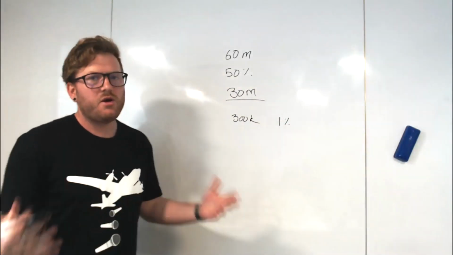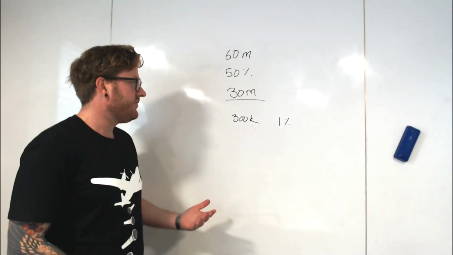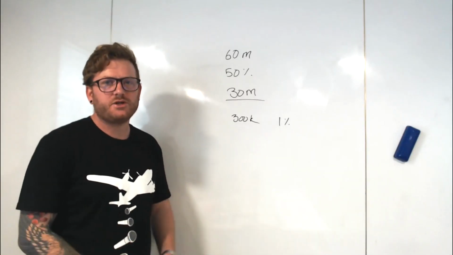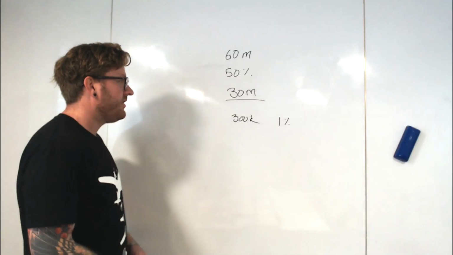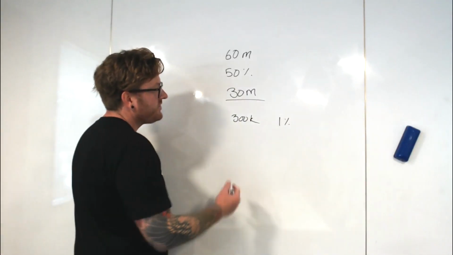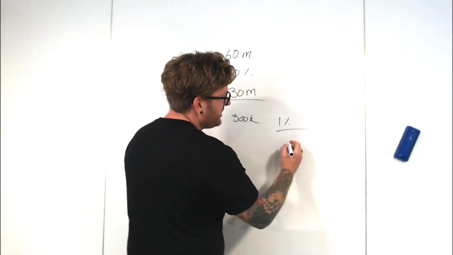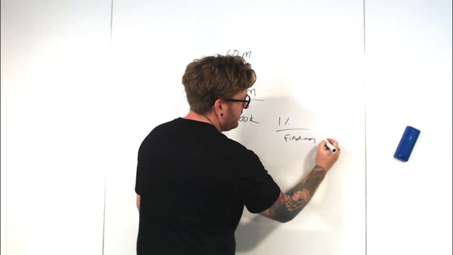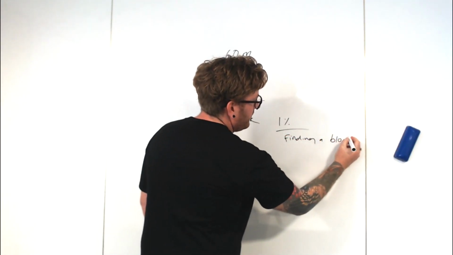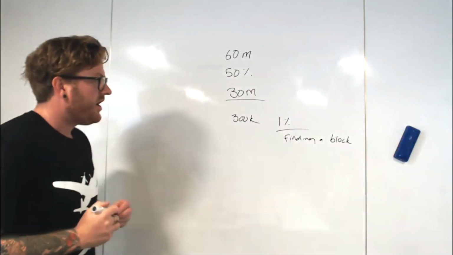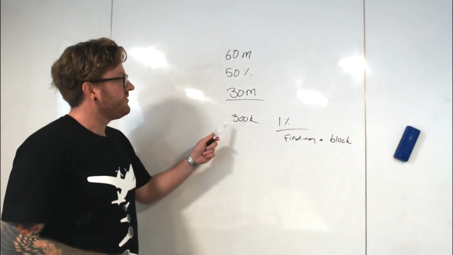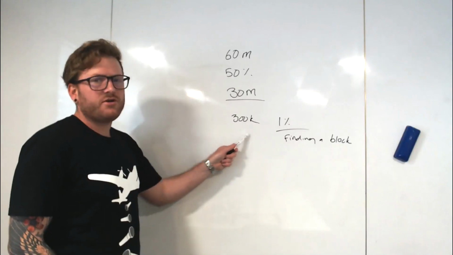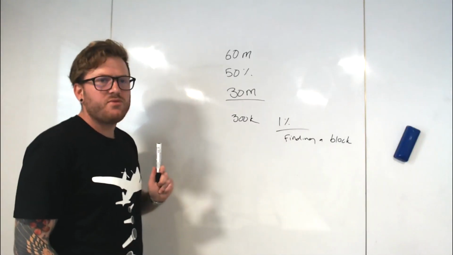And if you know anything about Bitcoin mining, that's basically like having 1% of all the hashing power, for example, in terms of network security. So what this means is that I have a 1% chance of finding a block, because the amount of lottery tickets that I have compared to the other people is 1%.